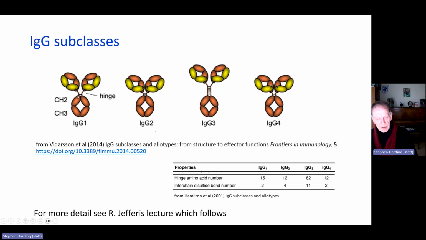So the hinge region will vary in terms of the length. G3 has the longest length. On average, there'll be some variation with this through what we call different allotypes. Then IgG1, 15 amino acid residues, and then G2 and G4.